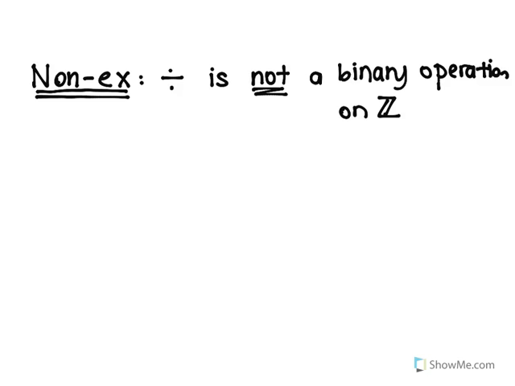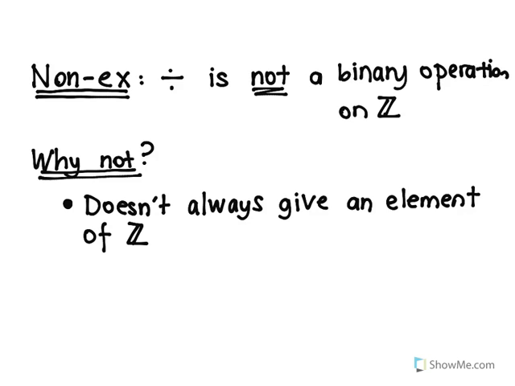Before we keep going, I think it's helpful to have at least one non-example. So for a non-example, division is not a binary operation on the set of integers. And why not? Well, there's actually two different reasons.